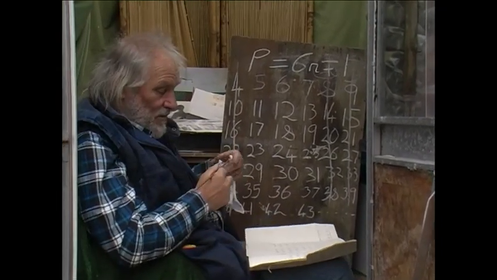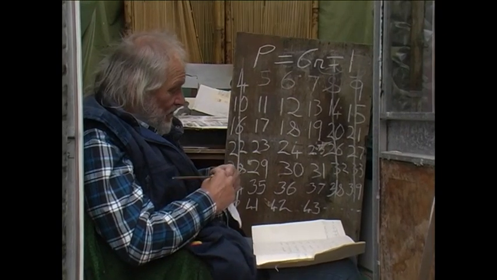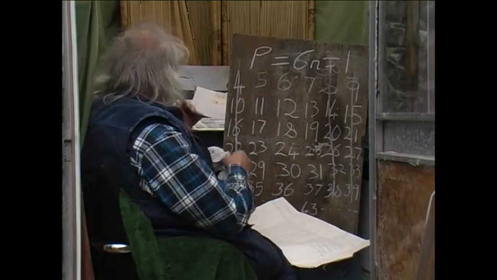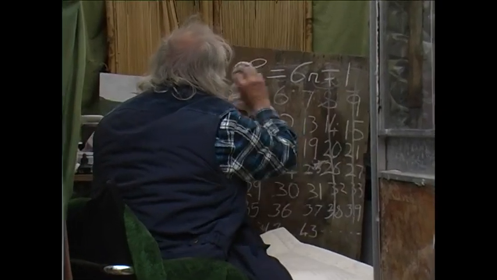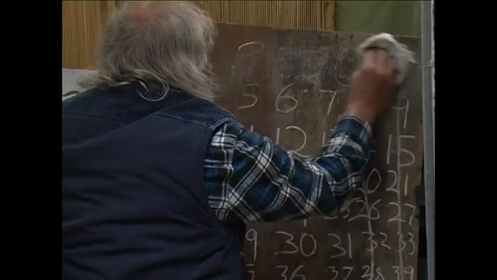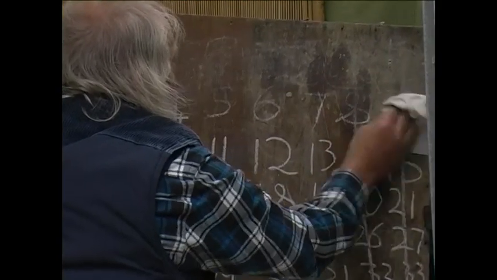That is one of the properties of the number 6. It has other properties. If we can just use the duster again briefly, because we don't need all this now. It's been written and understood, so we don't need it anymore.